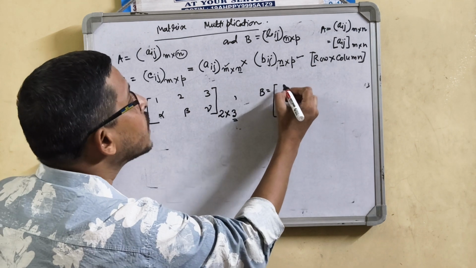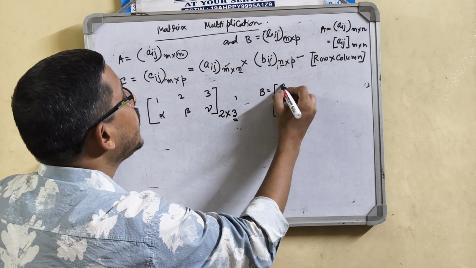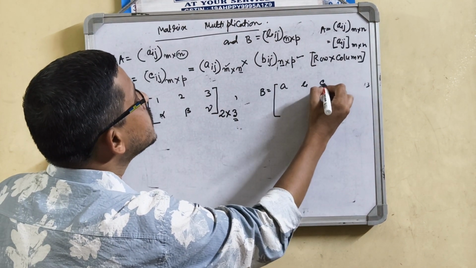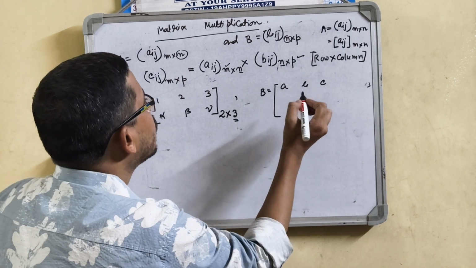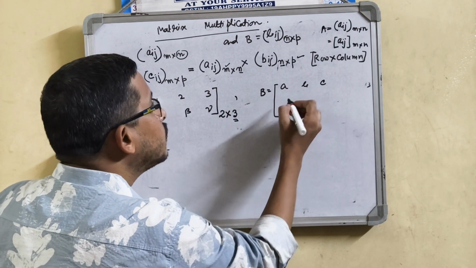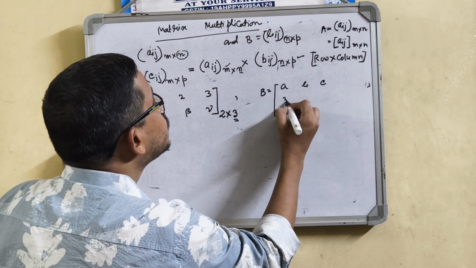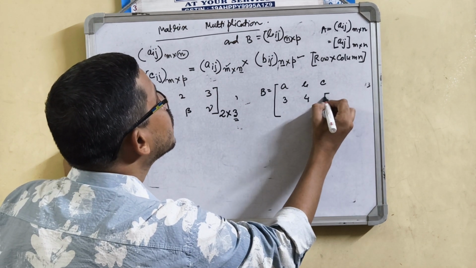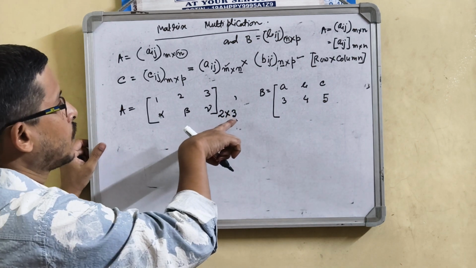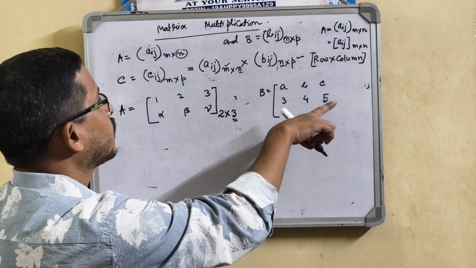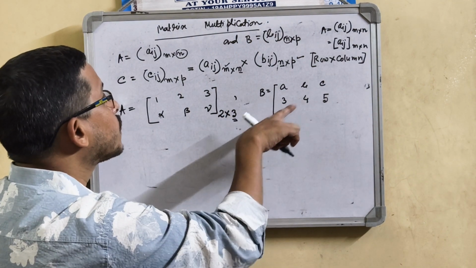Now for the rows, we may consider A, B, C, then 3, 4, 5. The number of rows should be equal to 3, whatever the number of columns.